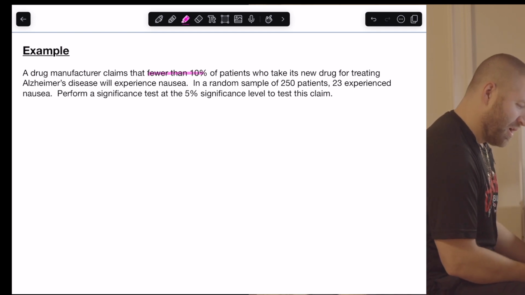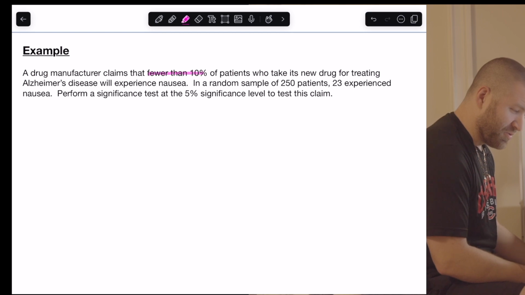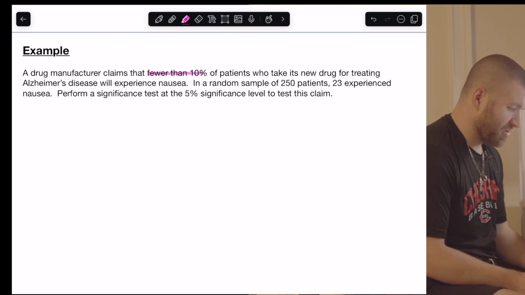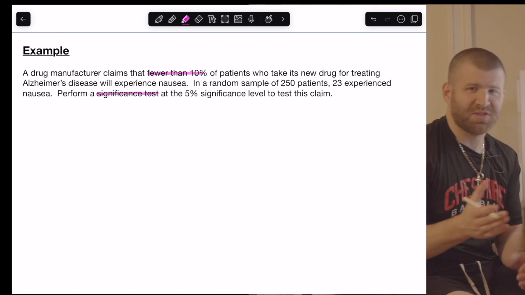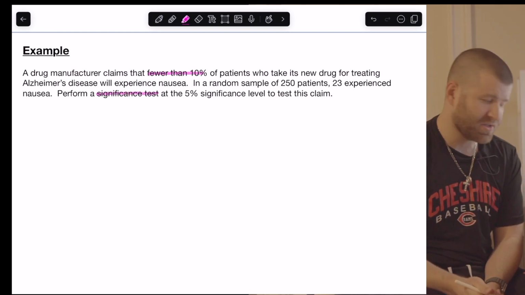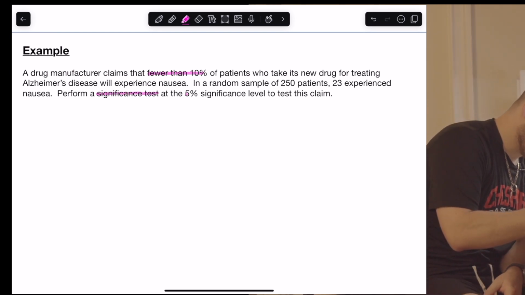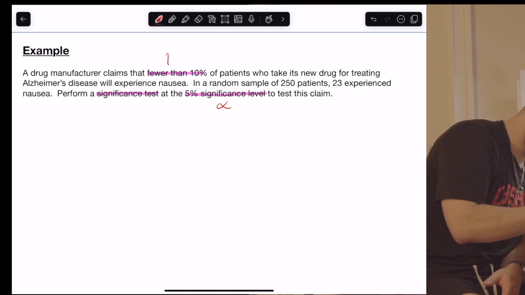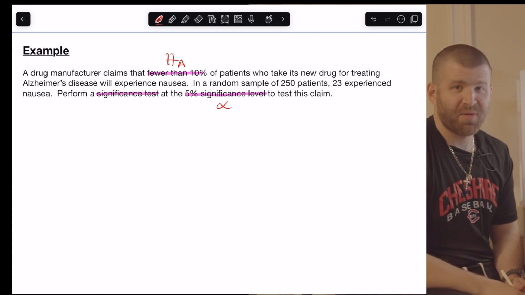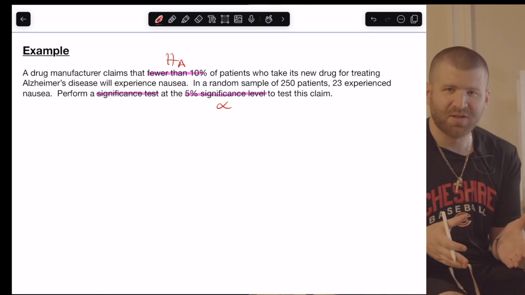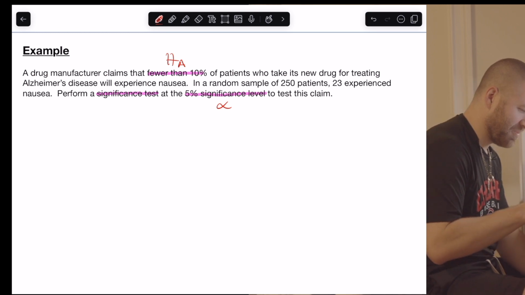Right? In a random sample of 250 patients, 23 experienced nausea. Perform a significance test. Significance test is the same as a hypothesis test. At the 5% significance level, this now tells me my alpha. This, like we said, told me my alternative hypothesis, and also tells me my null at the same time.